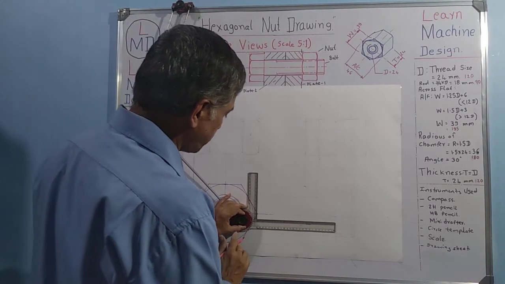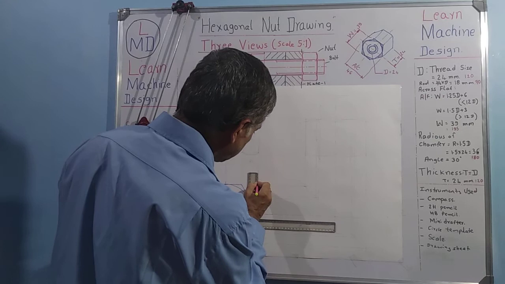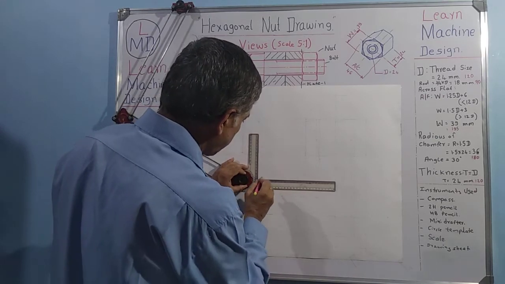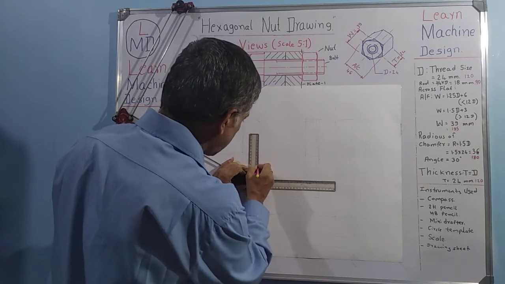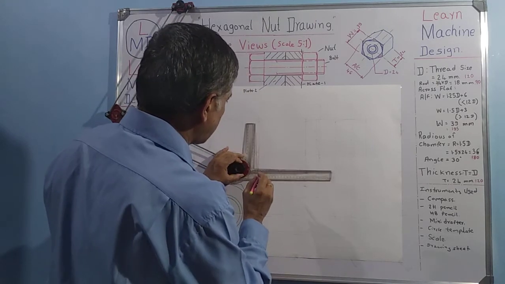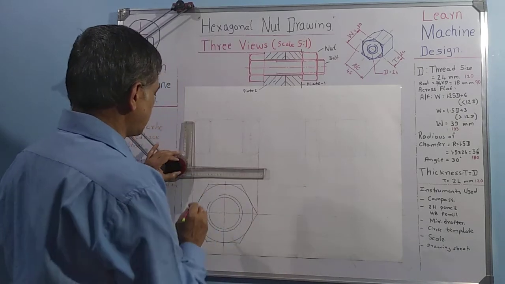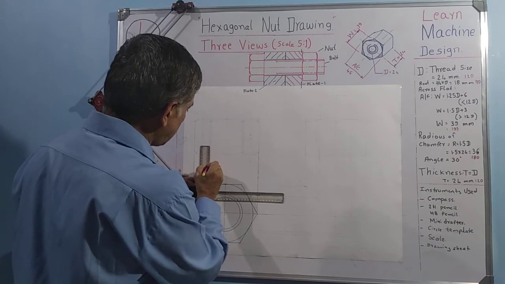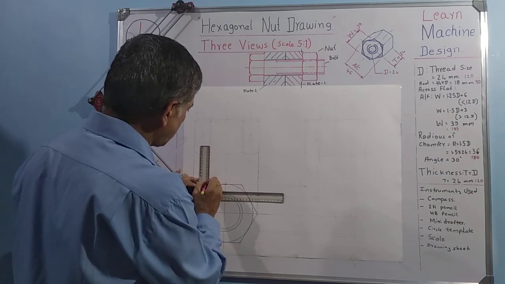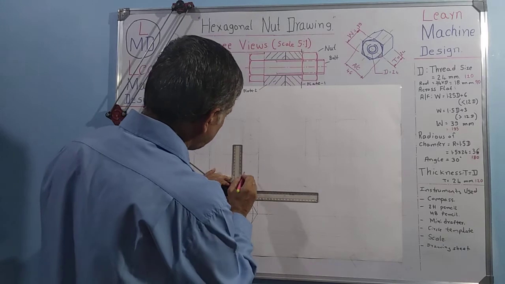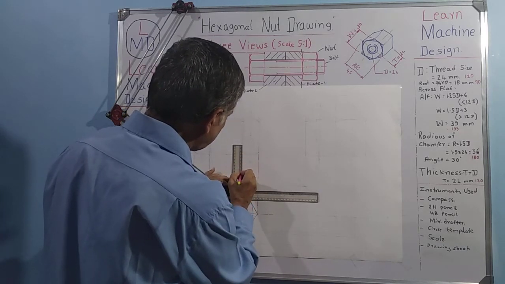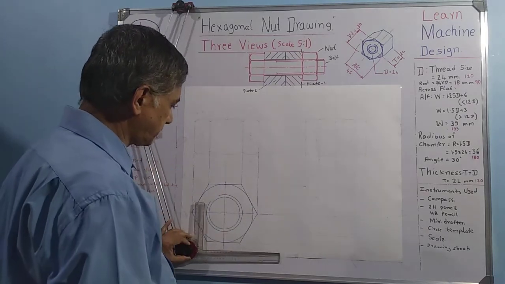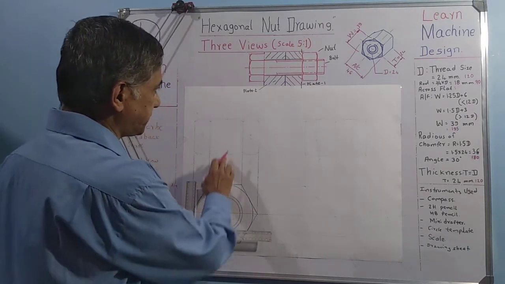Similar way, we have to draw this side also, and this point also. And the center line should be extended to this side also.